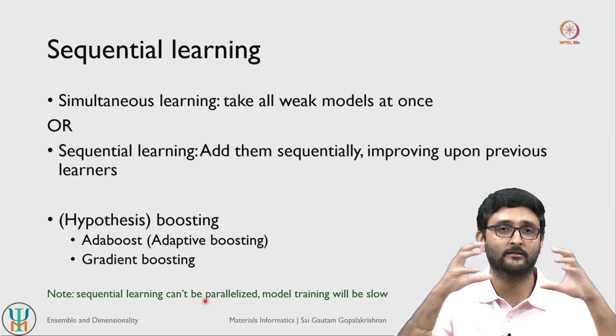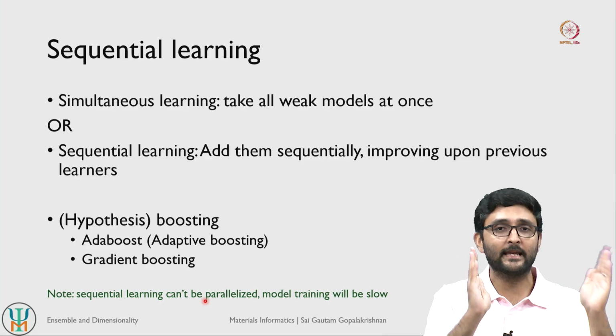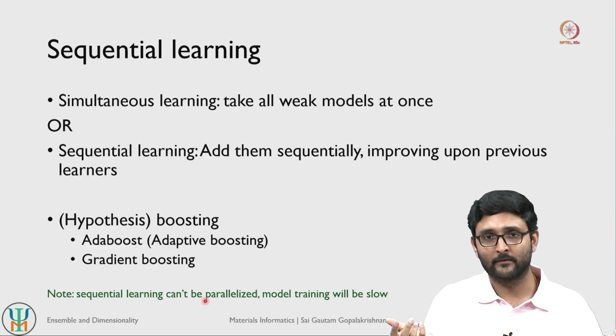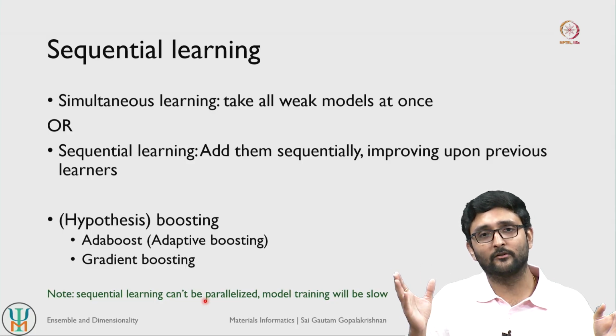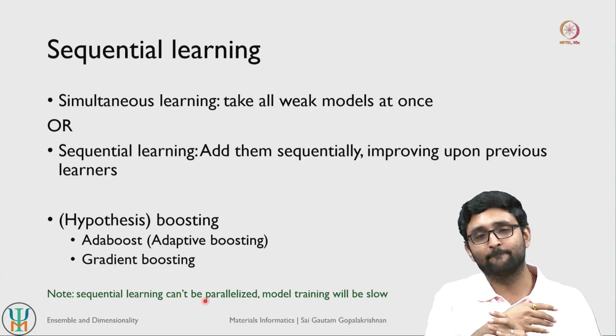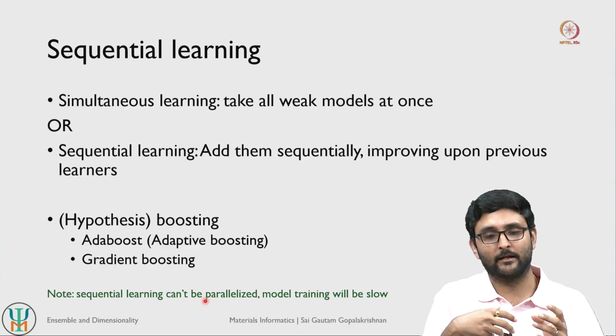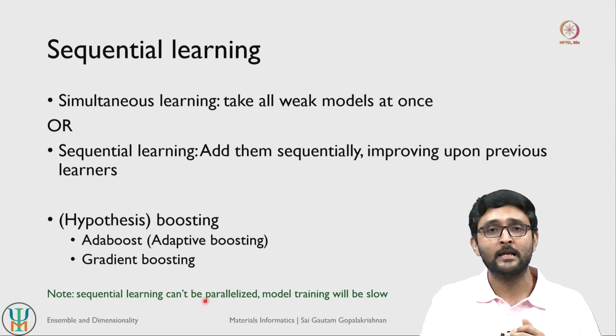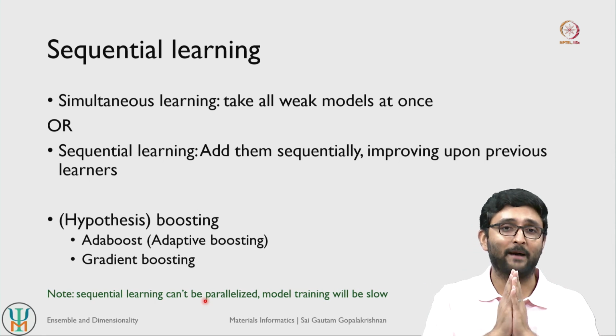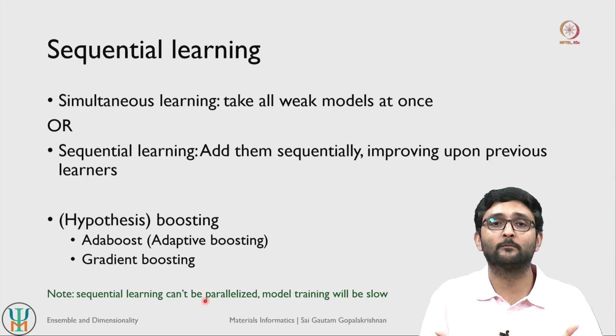But at least the training of the individual models can be parallel. Let us say your random forest has 100 different decision trees, each decision tree can be trained in parallel. So if you have enough computing resources, you can train all those decision trees in parallel, and improve the speed of training of your random forest model. But in sequential models, that parallelization is just not possible, it is not possible by design.